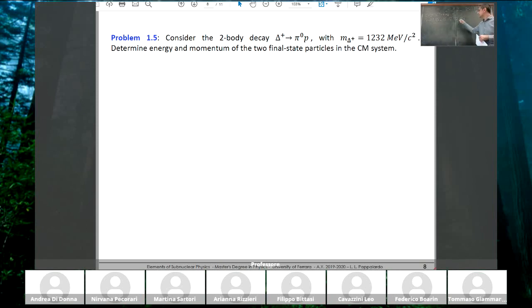But we know already that in the center of mass the total momentum is 0, so this goes to 0. So if we want to calculate our variable s, which is the square of p pi plus p proton, this would be just given by the sum E star pi0 plus E star proton, squared.